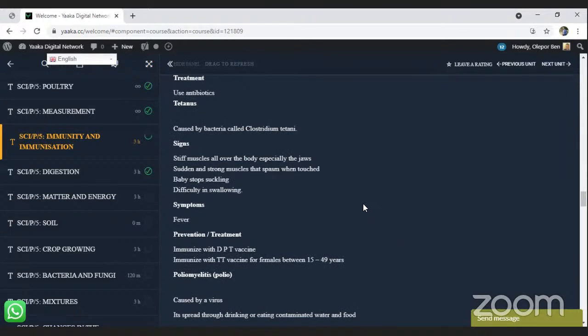Okay, Ketra. Did you get that work from the site or you used your textbook? Here's my textbook. So why did you use the textbook?